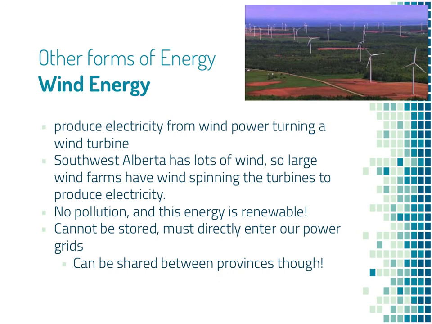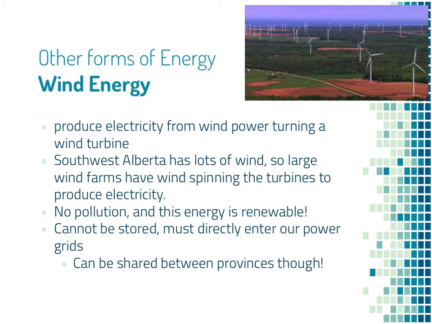Other forms are wind energy. So they produce electricity from wind power, turning a wind turbine. Southwest Alberta has lots of wind, so large wind farms have been used to create electricity there. They don't create any pollution or chemicals, and this is a renewable energy source.